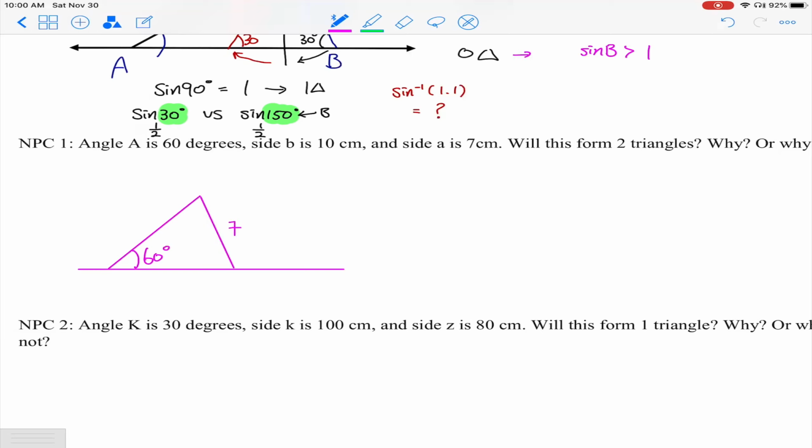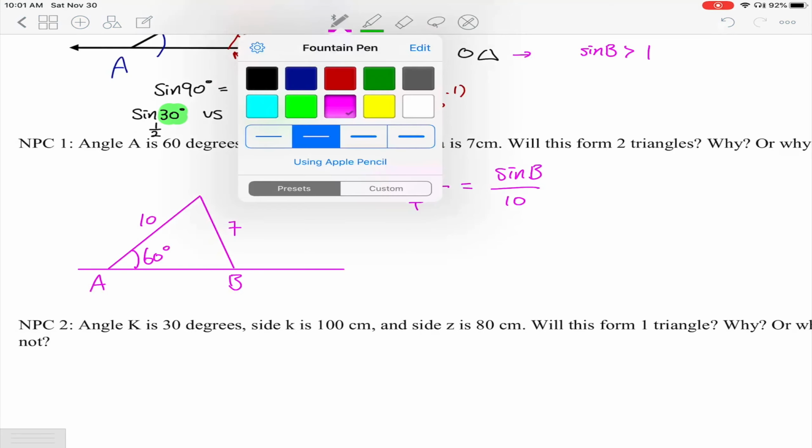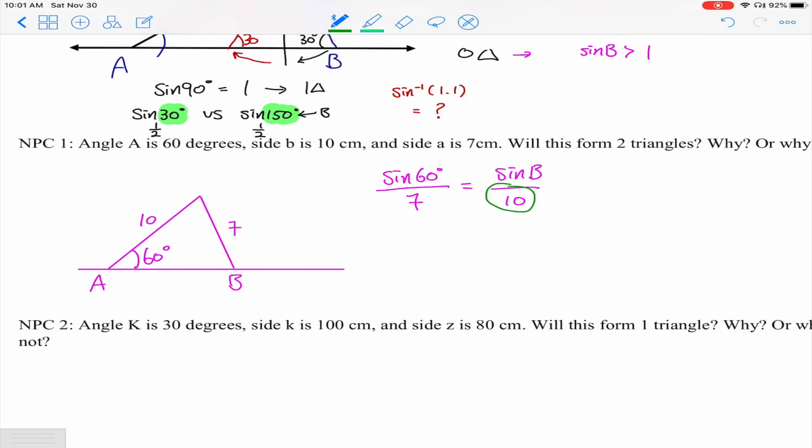Now, this is the side opposite the 60, and obviously this is my side B, angle A and angle B. So use the sine law. Remember, sine law is sine of an angle, in this case angle 60, over the opposite side equals the sine of another angle over its opposite side, which in this case is 10. All I need is to isolate the sine B. Therefore, I will multiply this to the other side.